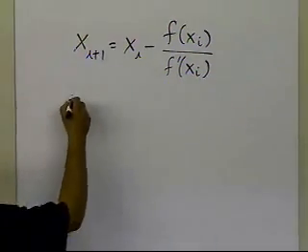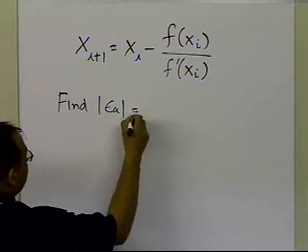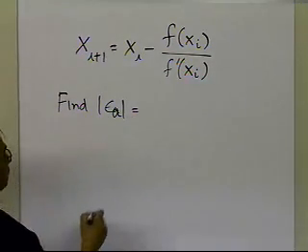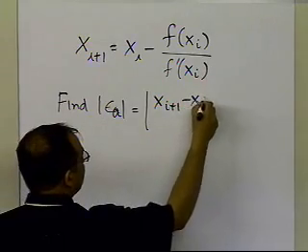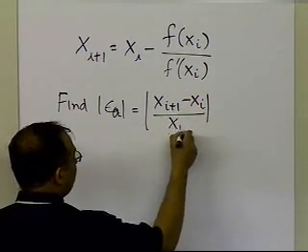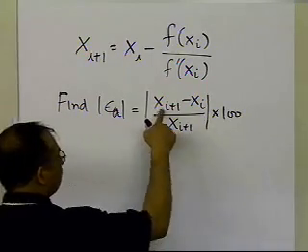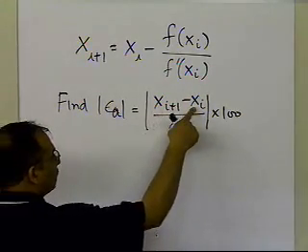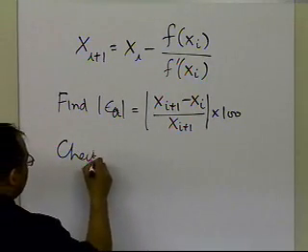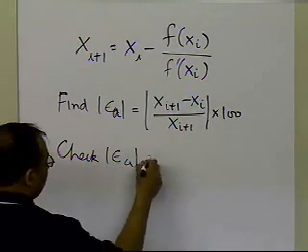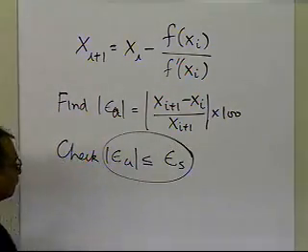Then you're going to find epsilon A, your relative approximate error, to be x of i plus 1 minus x of i divided by x of i plus 1 times 100. Which basically means the current approximation minus the previous approximation divided by the current approximation. And you're going to check if the absolute relative approximate error is less than or equal to the pre-specified tolerance.